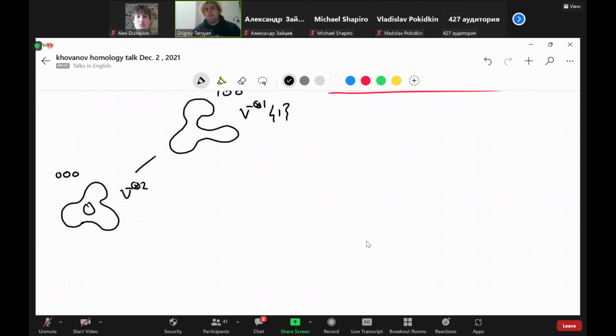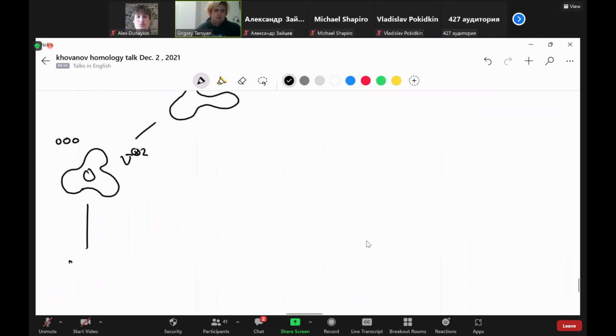Here, the space is unshifted because the sum of coordinates is 0. So that's the 0, sorry, I'll have to draw a lot of trefoils here. So that's the 0 component.